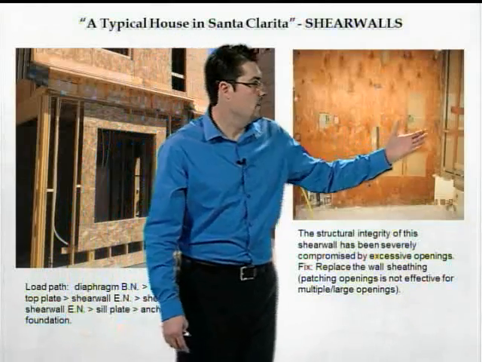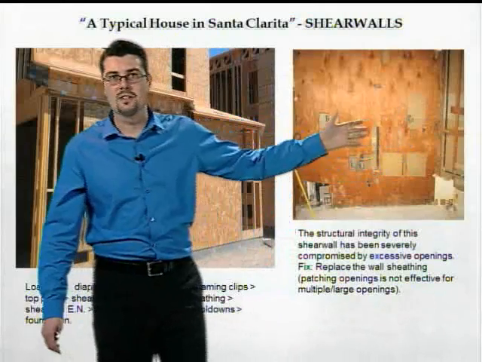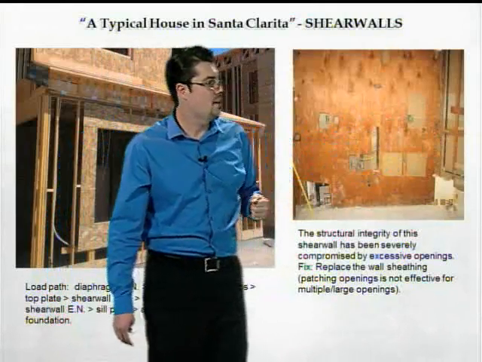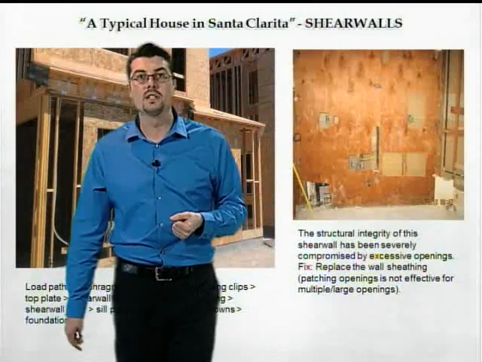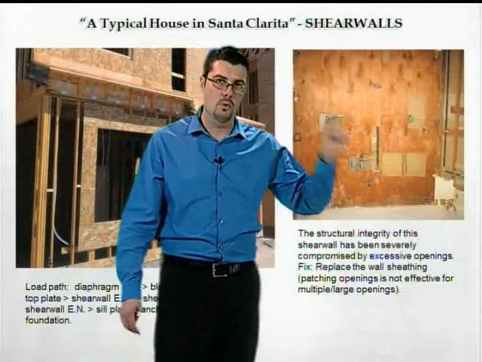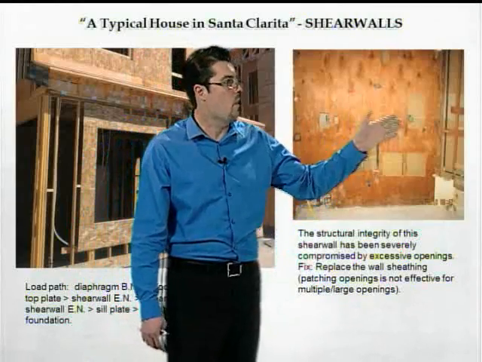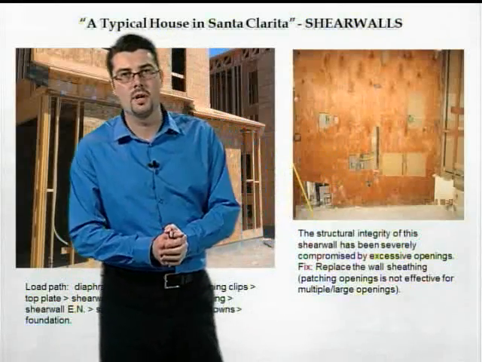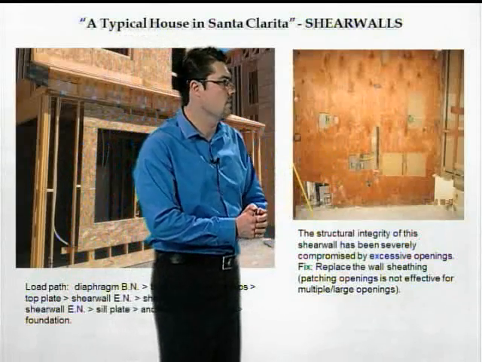I like to call this Swiss cheese. When you turn a wall into Swiss cheese like this, now you've got a situation that does not meet code. This is something that a city building inspector would write up a correction, and we would require this wall to be repaired in order to make it safe before we allow them to close up this wall.